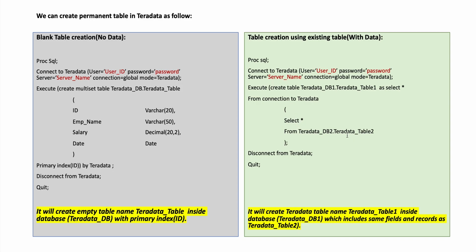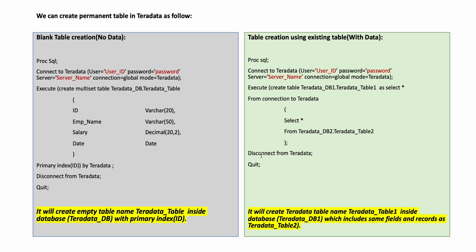That means when we connect to Teradata, we select all information from Teradata table 2, which is inside the Teradata DB2 database. Then that information we are selecting here. That means all information will be stored in this table, Teradata table 1. Disconnect from Teradata, quit, and semicolon.